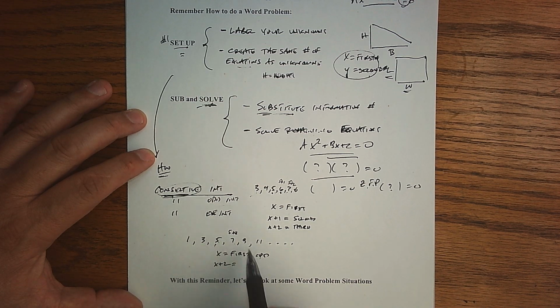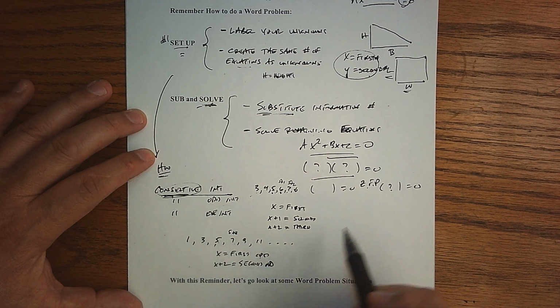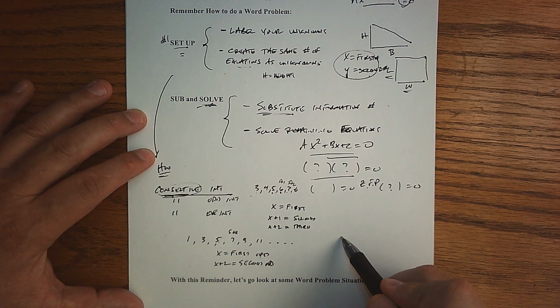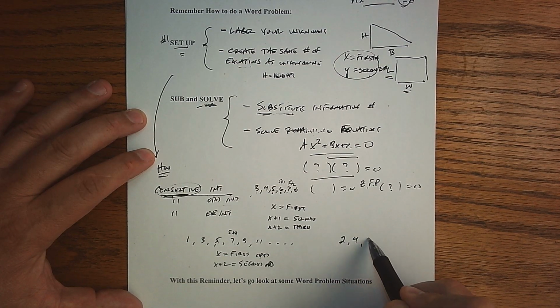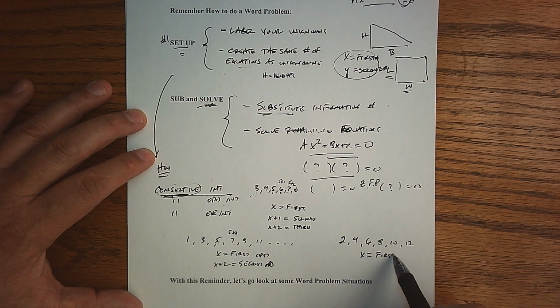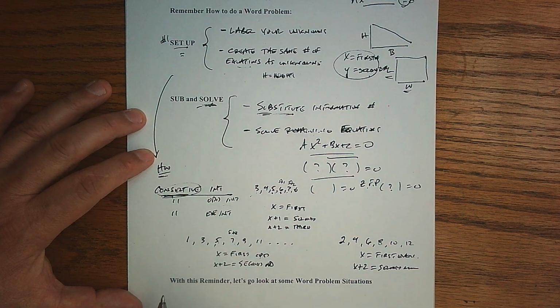So there's a little bit of a formula for that situation, as well as even situations. If we're talking even, 2, 4, 6, 8, 10, 12, then again, if x is the first even, then x plus 2 would be the second even. So that's going to come up a little bit.